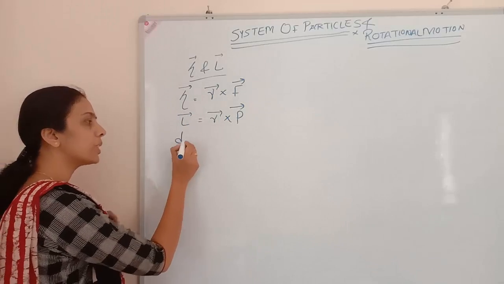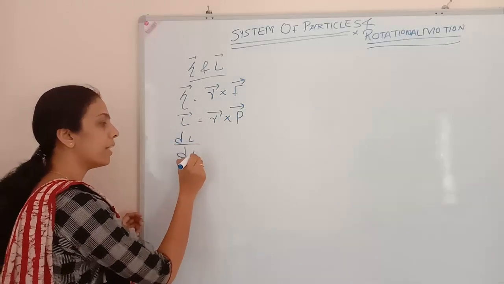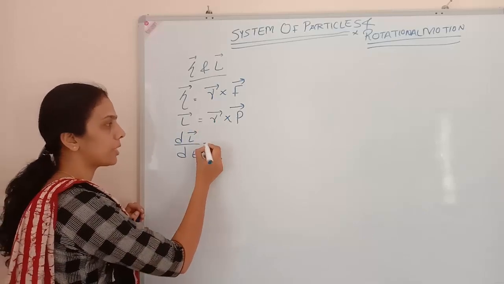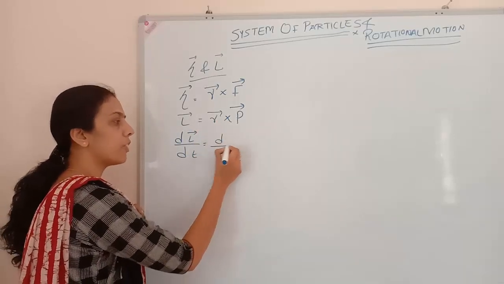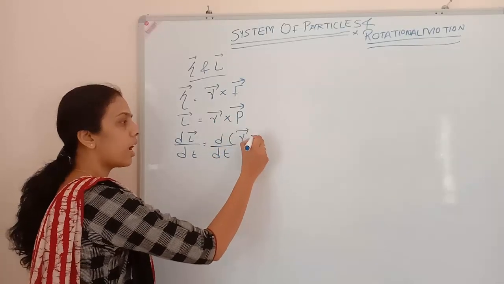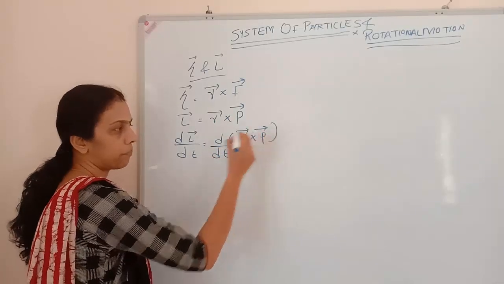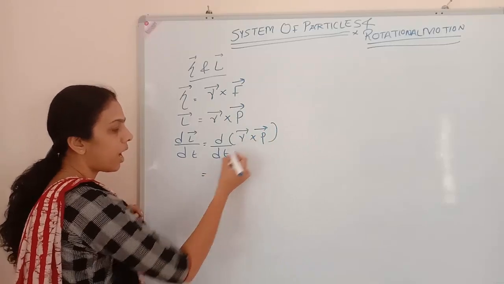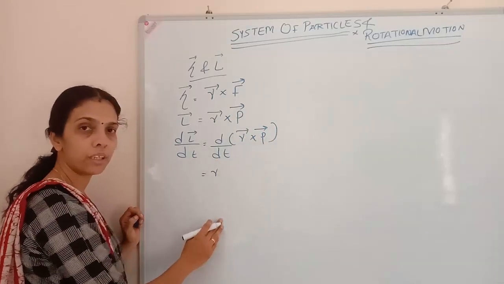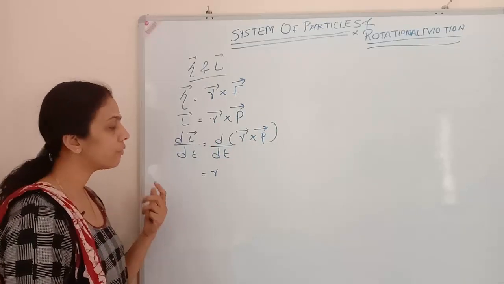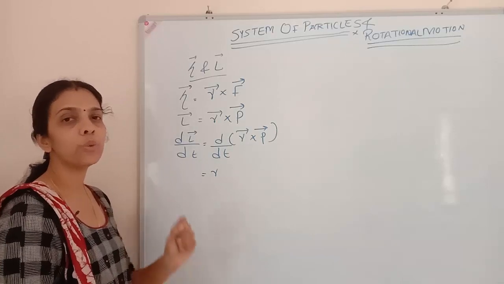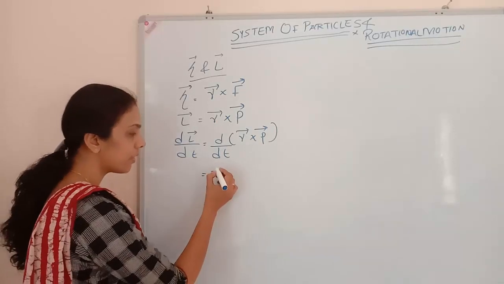Now I am going to consider dL by dt, the differential of L with respect to t. So I can differentiate both sides, d by dt of R cross P. Now the differential of a cross product, how will it be?